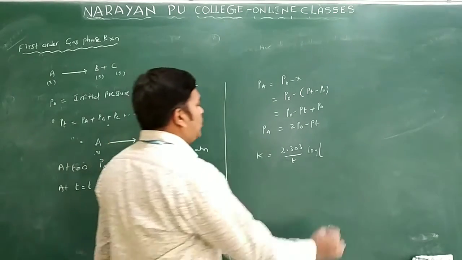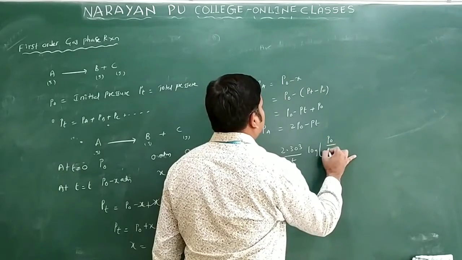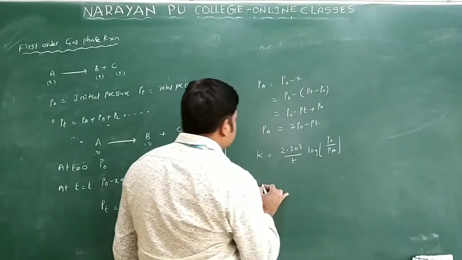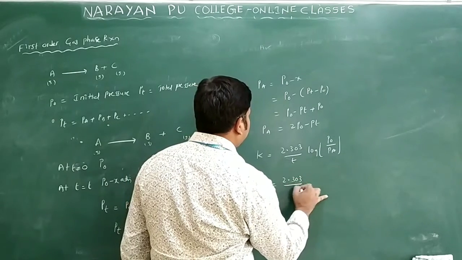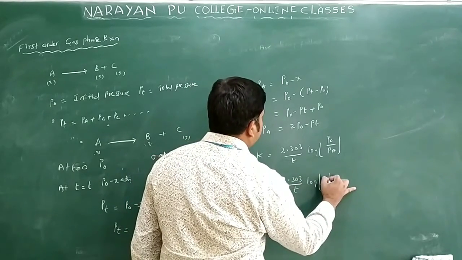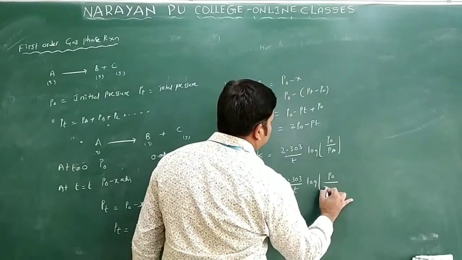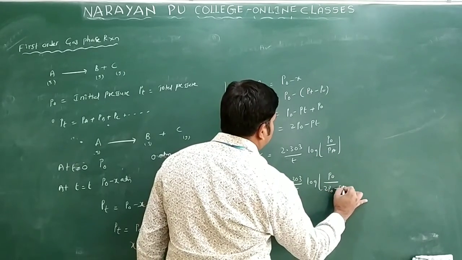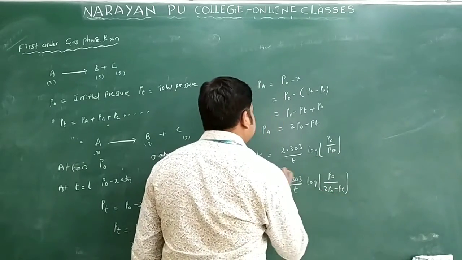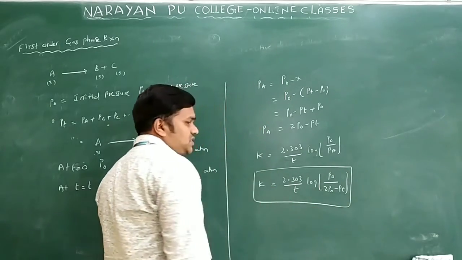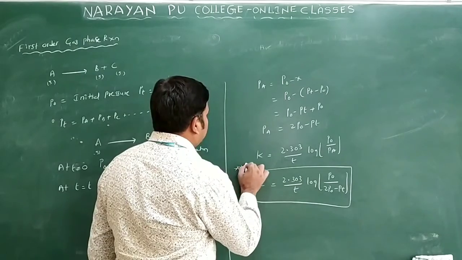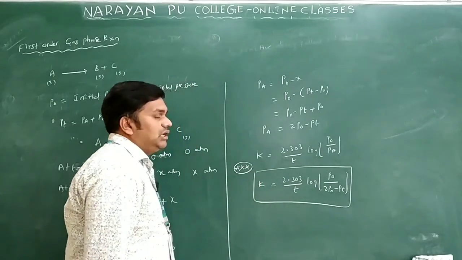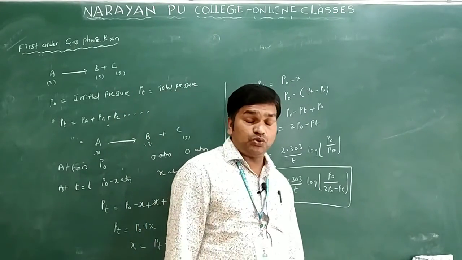So K is equal to 2.303 by t into log P naught by Pa, so we get 2P naught minus P total. This is the expression for the first order reaction of gases. So the formula is K is equal to 2.303 by t into log P naught by 2P naught minus P total.